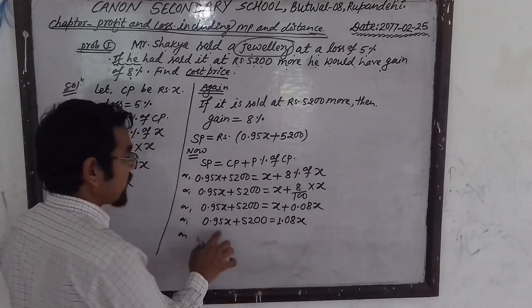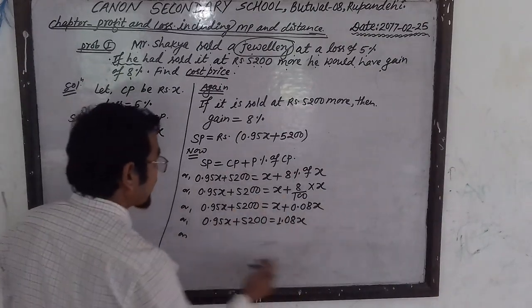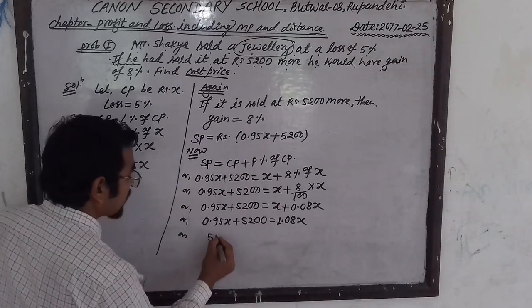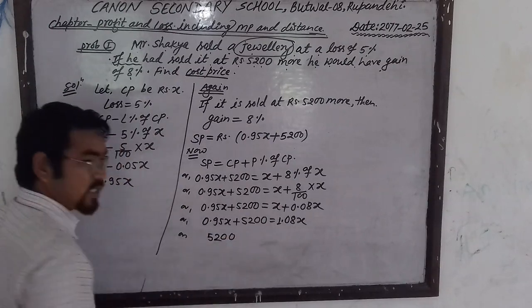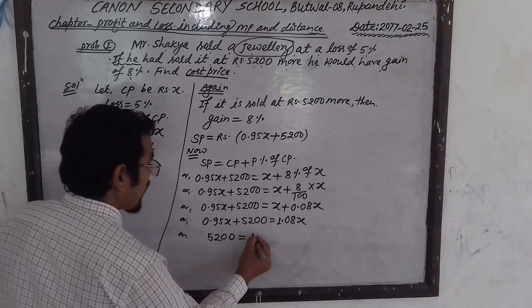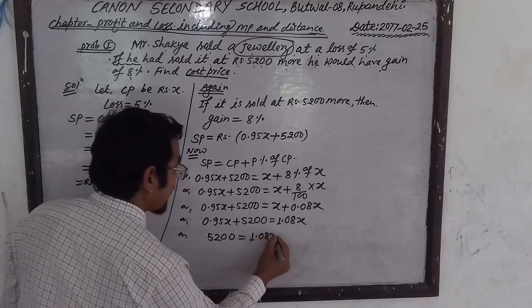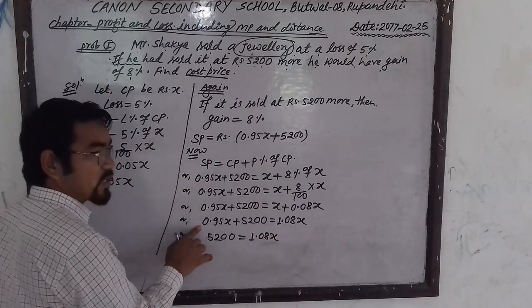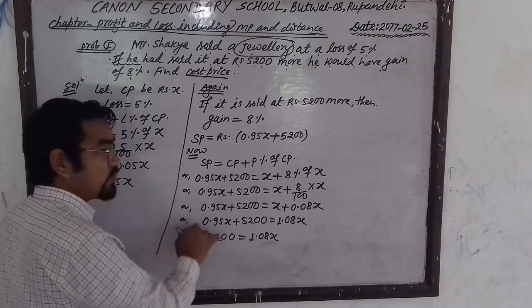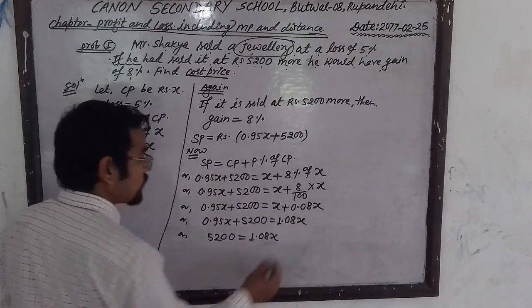We have to find the value of X, so let's carry 0.95X to the right side, where it goes in minus.